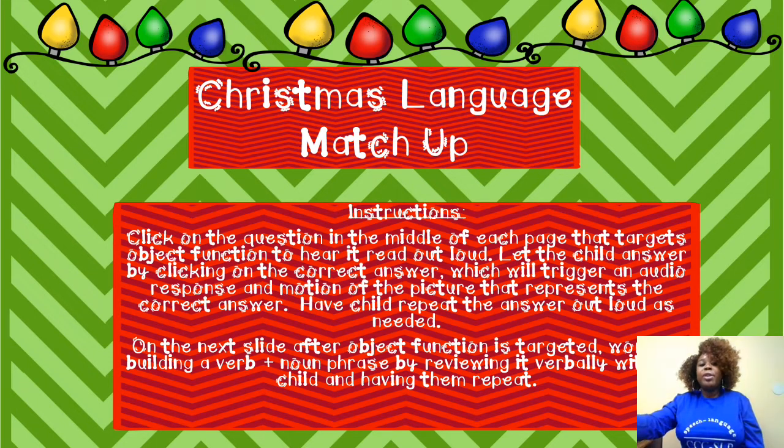So this first one that we're doing is called Christmas Language Matchup. Now, as we proceed further, what you will see is that this language activity targets object function. The way that I target it, first we're going to make sure that the children can identify and name the objects that they see. And then once we get past that point, making sure that they can associate the appropriate function or action to that object.